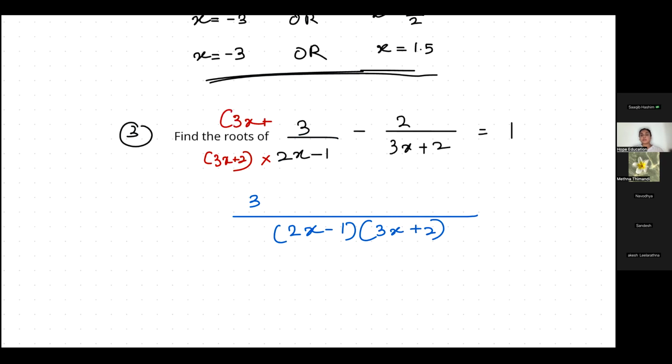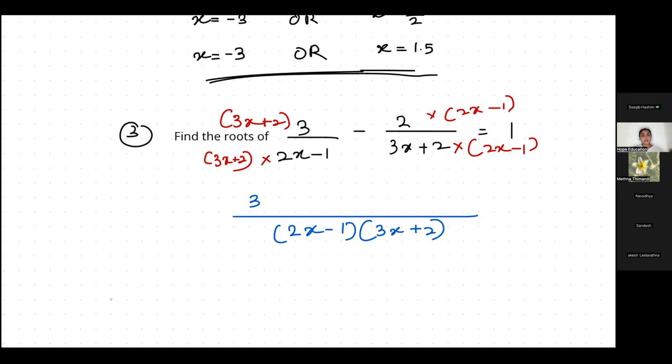Here there is 3x plus 2, but no 2x minus 1. So I will multiply this by 2x minus 1, so I will multiply the numerator also by 2x minus 1. If you don't remember these, you have to revise grade 10. Algebraic fractions, this part was in grade 10.